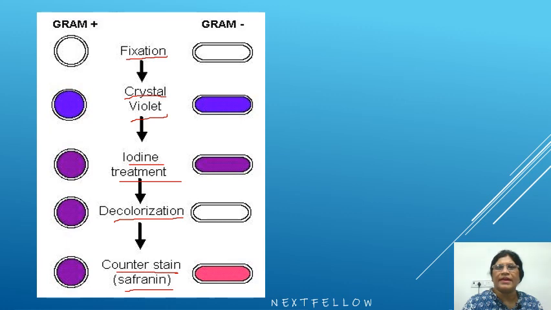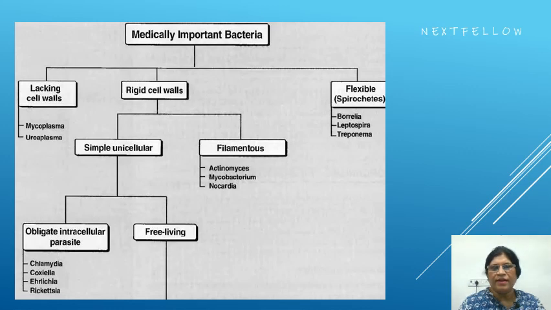So gram-negative will appear pink, whereas gram-positive will appear purple under the microscope. So you should remember the steps of the gram stain: fixation, crystal violet, iodine treatment, decolorization, and counter stain by safranin.